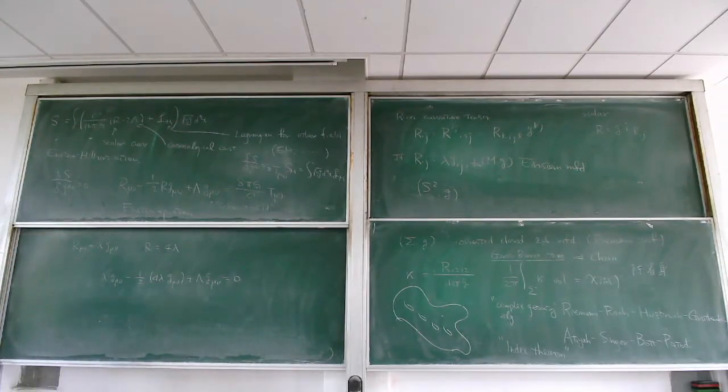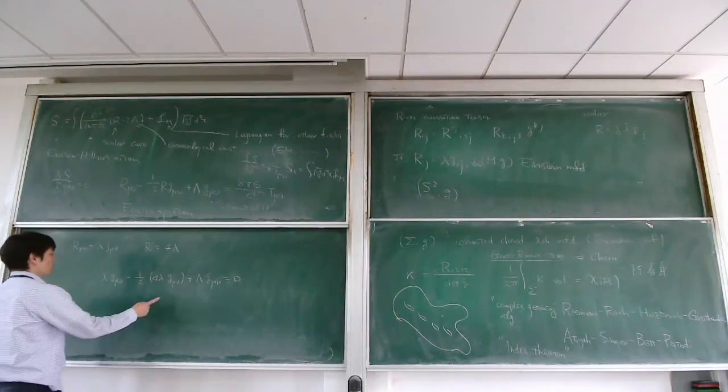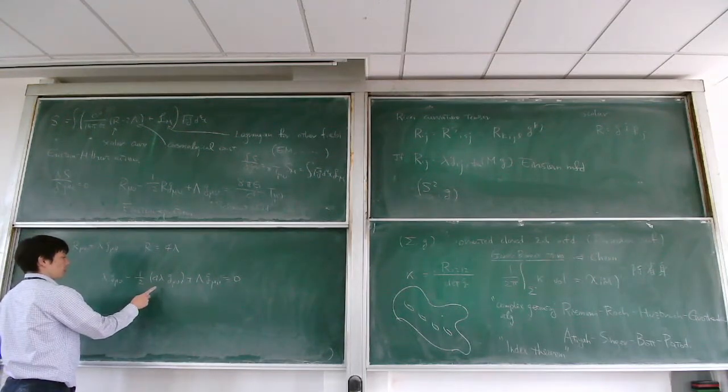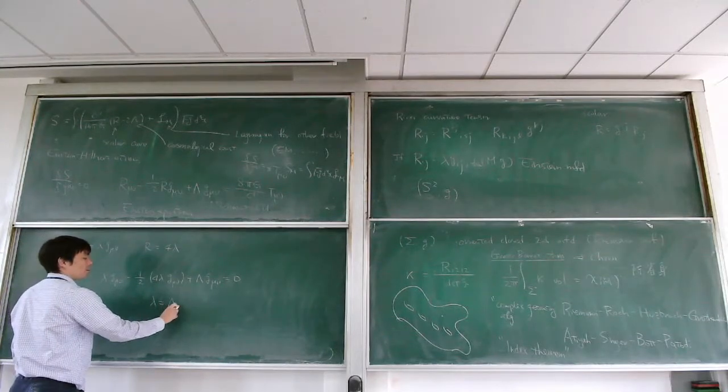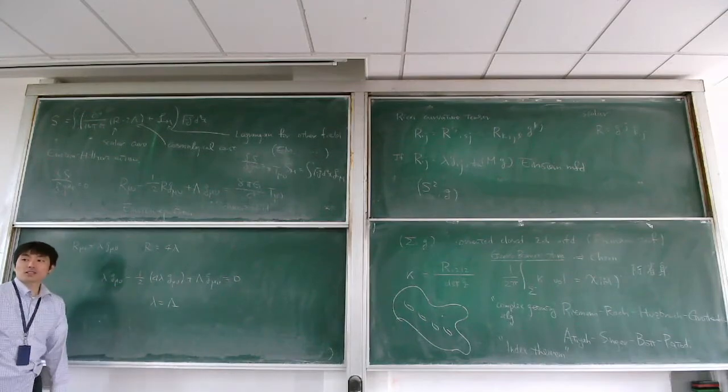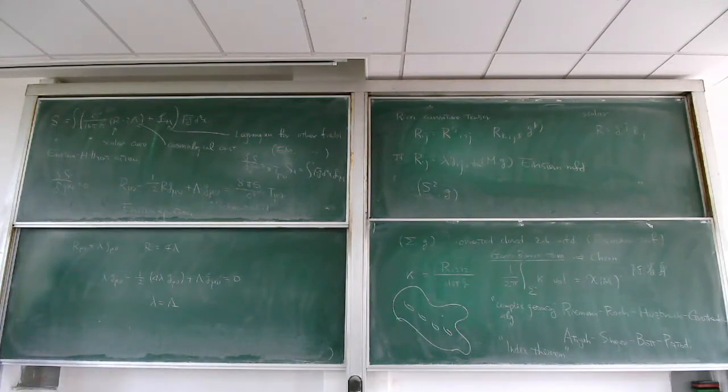If the space-time doesn't have matter, just only a cosmological constant, then when lambda is equal to capital lambda, this is the solution. So it's a solution for the Einstein equation with no matter, but with a cosmological constant.